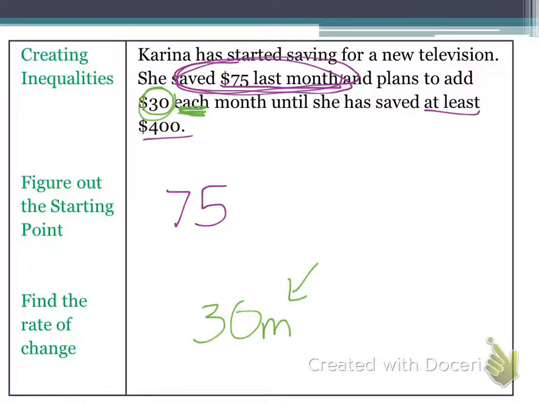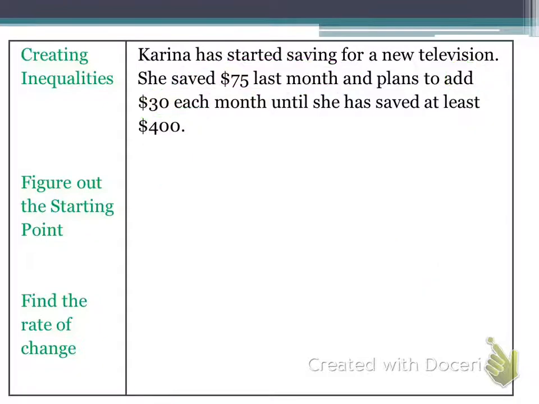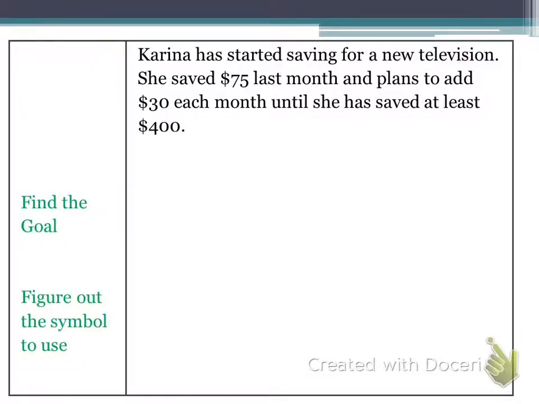That means 30 each month. Now it says add here, so obviously I'm going to put a plus. So far, I have 75 plus 30M. My next step is to find the goal.